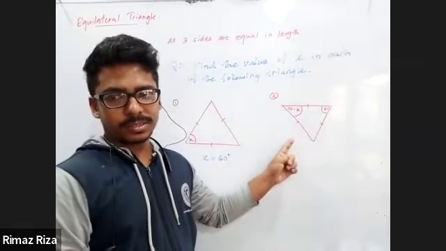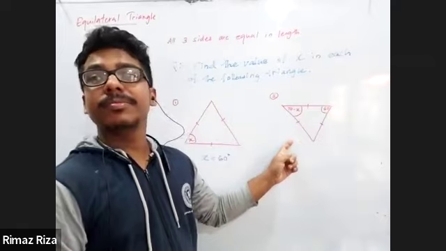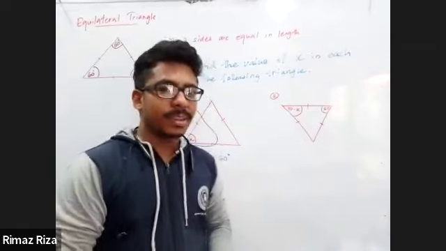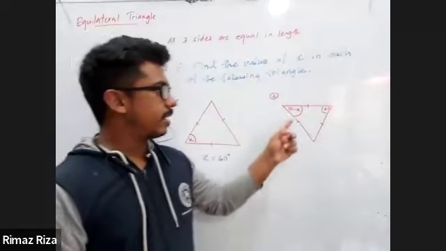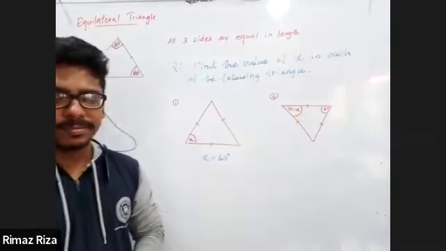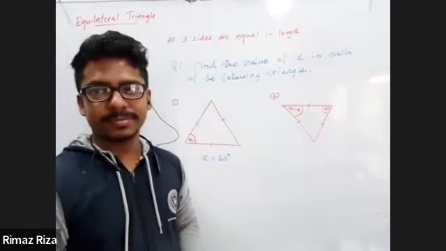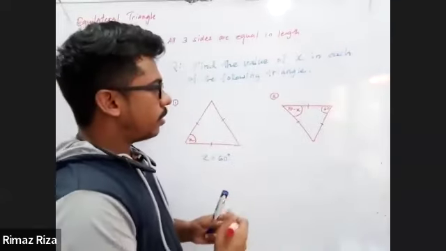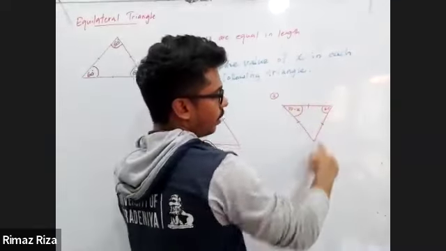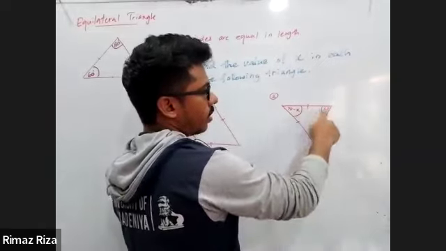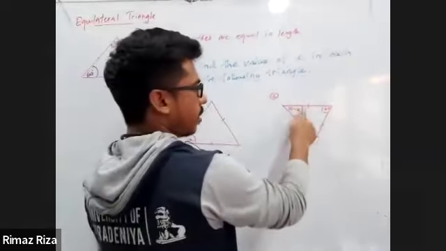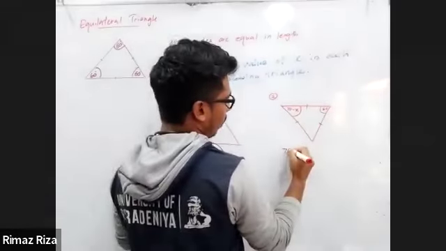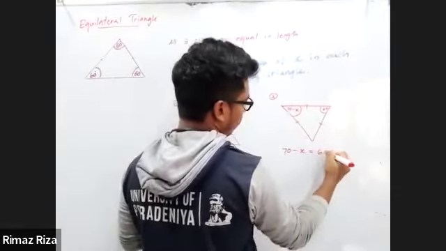Ibrahim, did you find the value of x? Anyone from online? What is the value of x? 10. Yes, good. Since it's an equilateral triangle, all three angles are 60 degrees, so this angle is also 60 degrees. So 70 minus x equals 60.